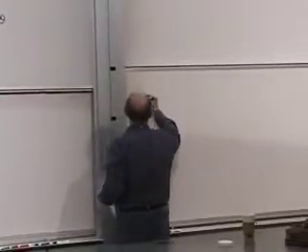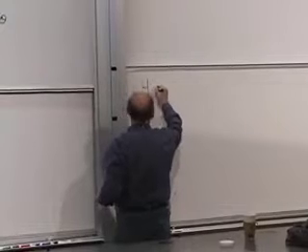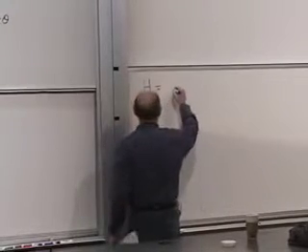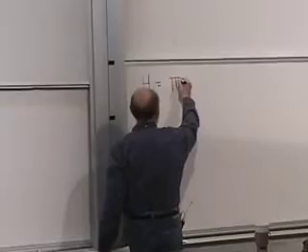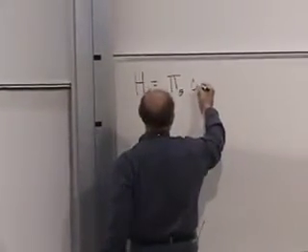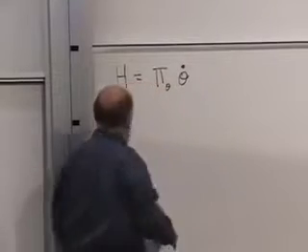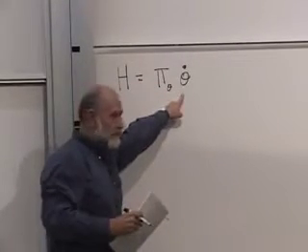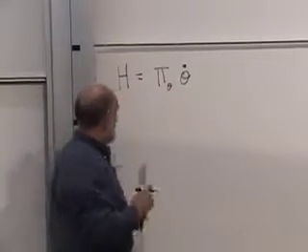The mindless method says that the Hamiltonian is equal to the momentum, what did I call it? Pi sub theta times theta dot. This is pi times q dot. All right, we worked that out last time.